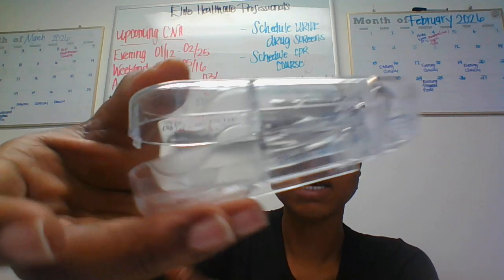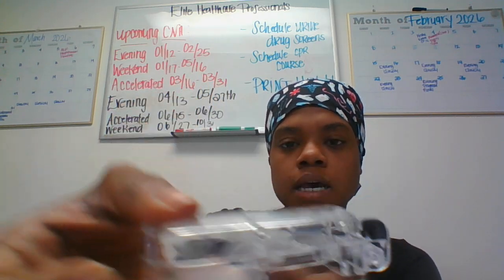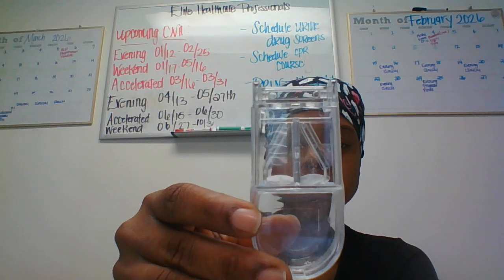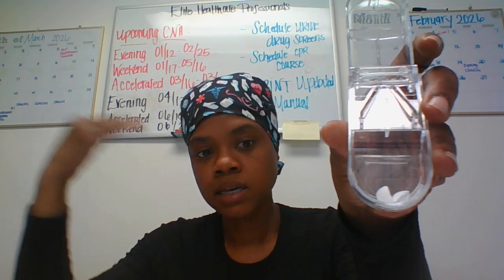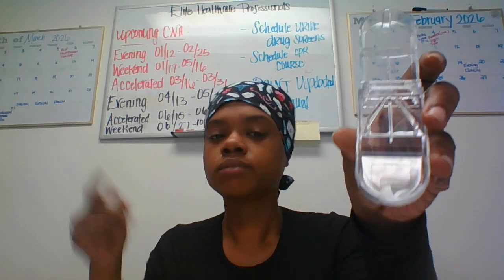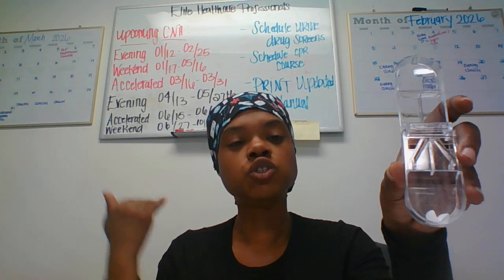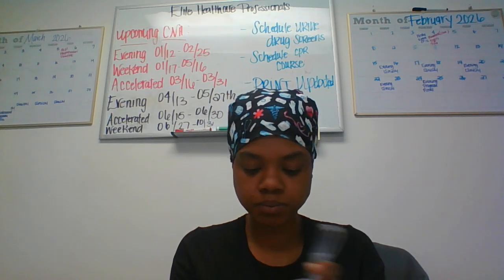I'm going to close it and make sure it snaps. And so now you should see there's two halves in there that I can give one dose to my resident, discard the other one. When I say discard, I mean throw away if I no longer need that dose, right? But you follow whatever your facility's policy is regarding how to dispose of the other half, okay?